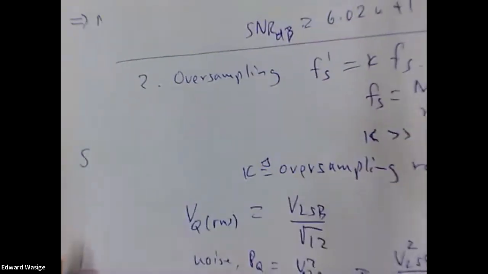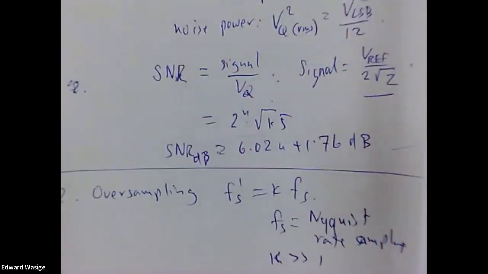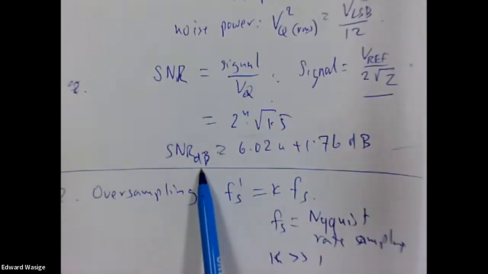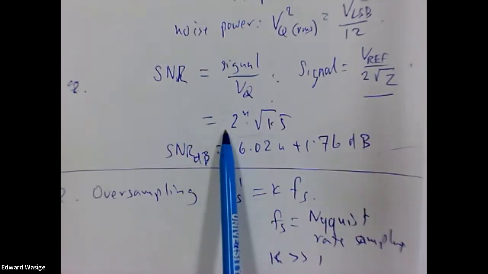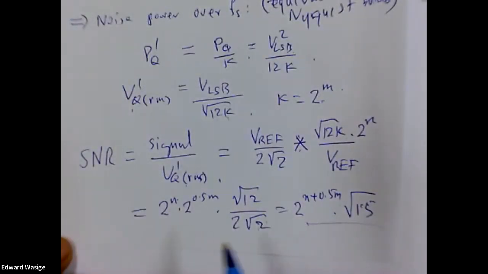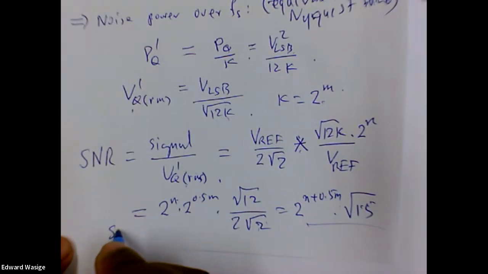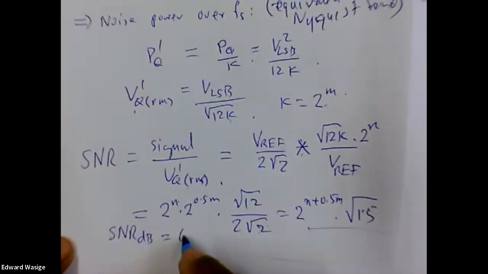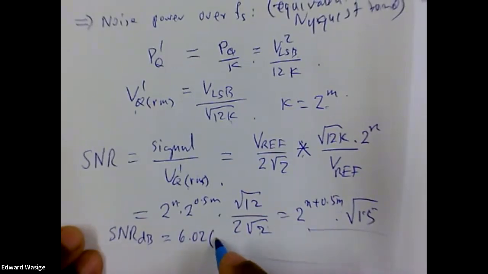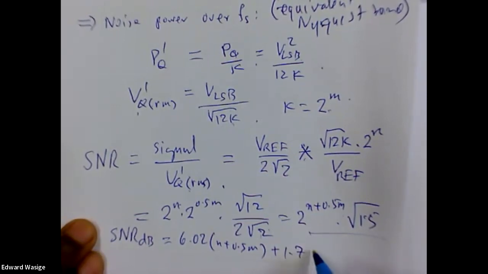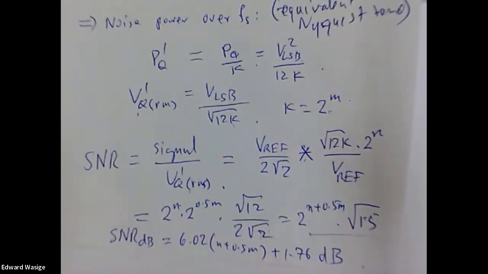Nyquist case. If I just show that for a minute, for the Nyquist rate ADCs, the signal to noise ratio is equal to that. If we take that in decibels, if we take 20 log of this value, we get this. And similarly, if we write the signal to noise ratio in decibels, this will be 6.02 n plus 0.5 m plus 1.76 decibels.